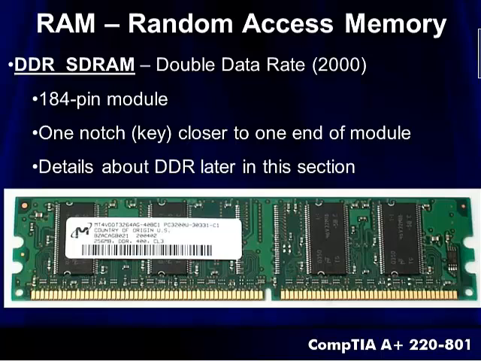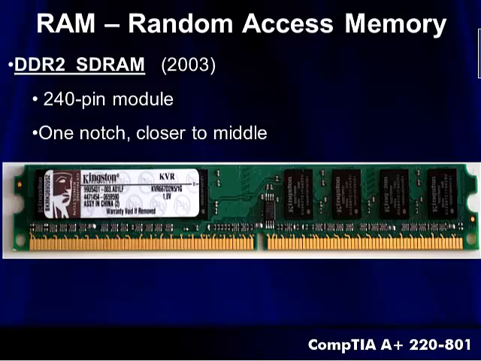The next revision of that family was the DDR2. This one came out about the year of 2003. DDR2 is a different memory module. It's 240 pin. It also has a single notch, but this time the single notch is a little bit closer to the middle as related to its cousin, the original DDR. That means that you can't put the memory in the wrong place.